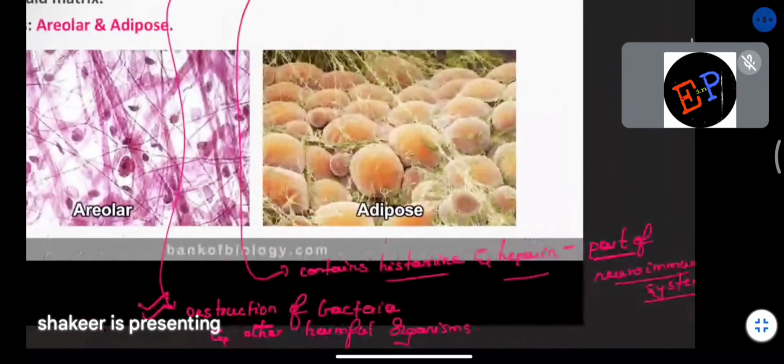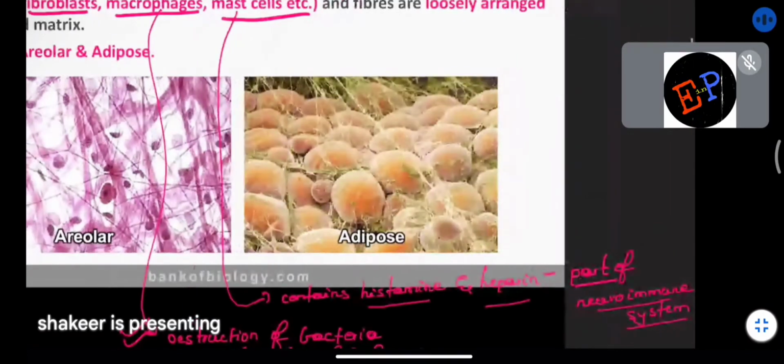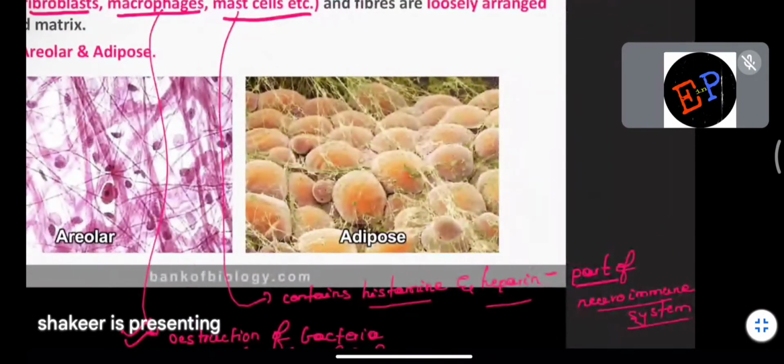So loose connective tissues produce what kind of cells? They will produce fibroblasts, macrophages, and mast cells. Macrophages are responsible for protection against harmful organisms, bacteria, virus, whatever it may be. And mast cells are also a part of the neuroimmune system, and they will produce histamine and heparin. Understood? That's it.